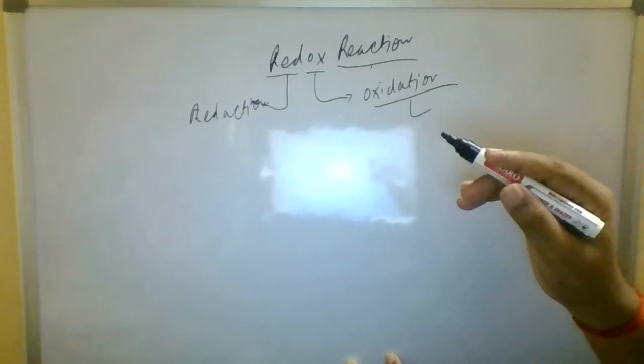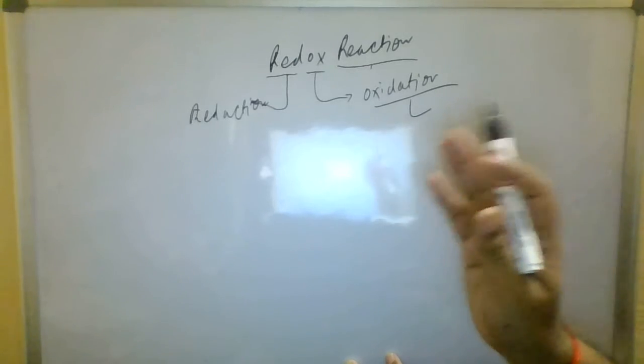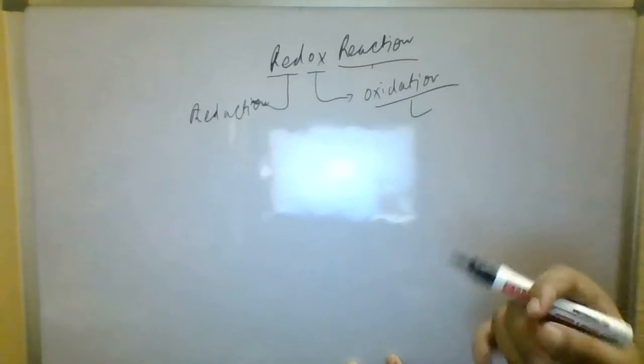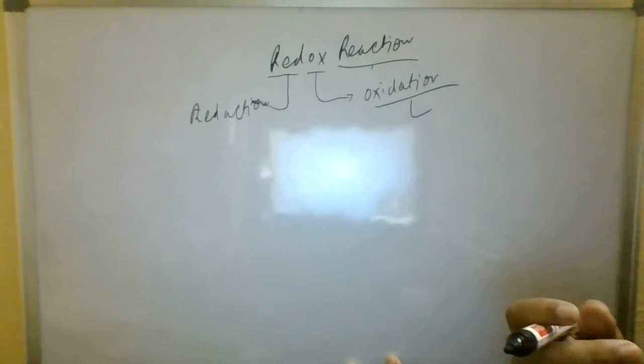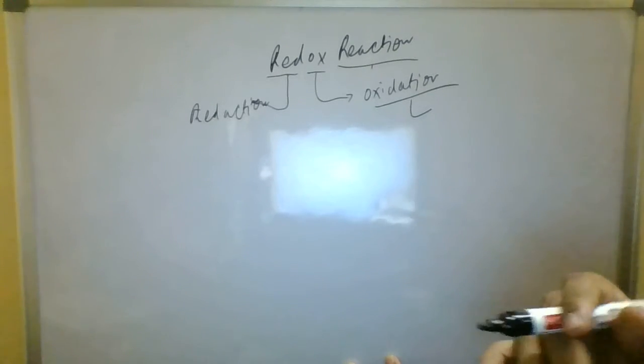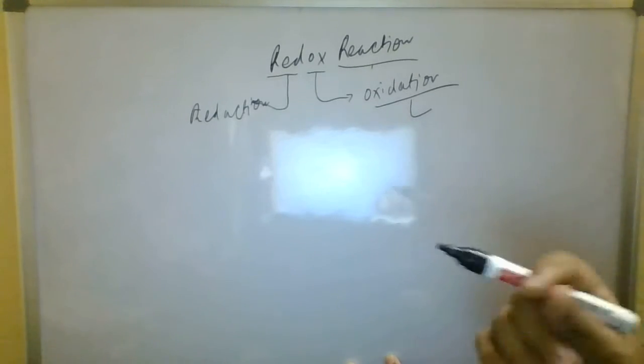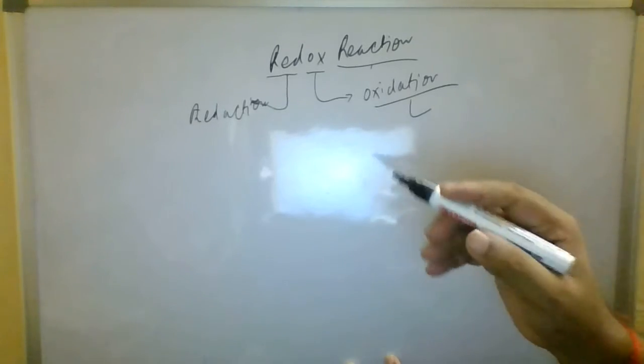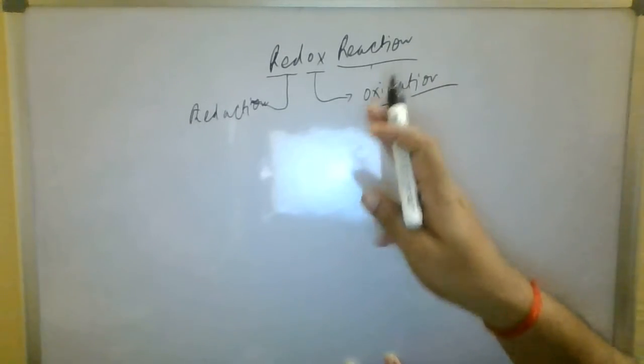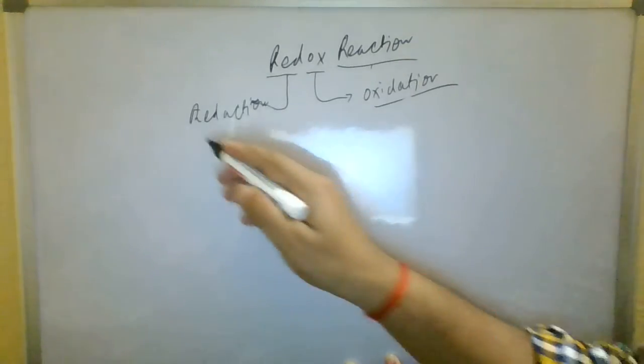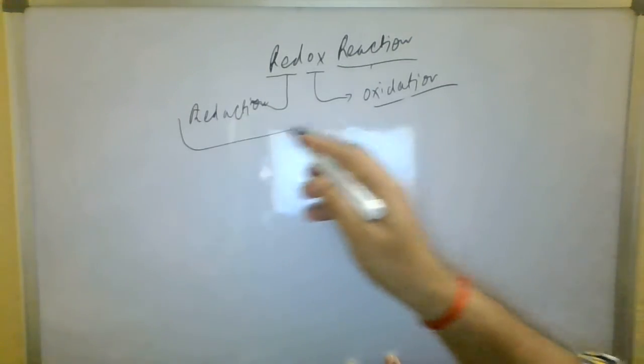There are two different concepts: the old concept, also known as the classical concept, and the new concept. We combine both, reduction and oxidation, because these two go together.